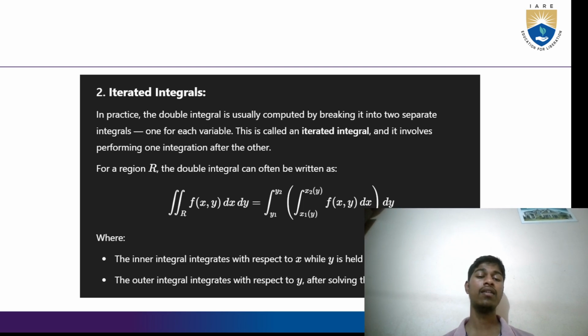For a region R, the double integral can often be written as double integral over R of f of x and y dx dy is equal to integration of y1 to y2 and integration of x1 of y to x2 of y, f of x and y dx dy, where the inner integral integrates with respect to x while y is held constant.